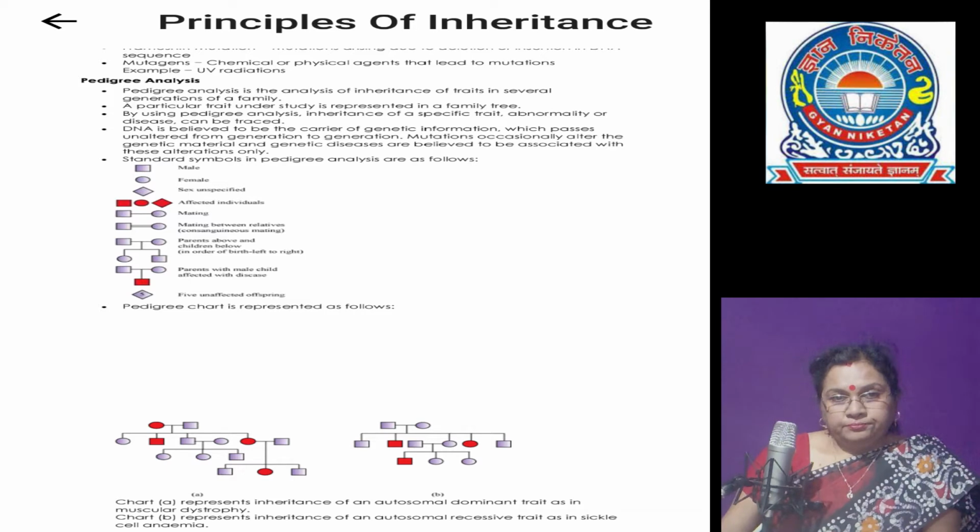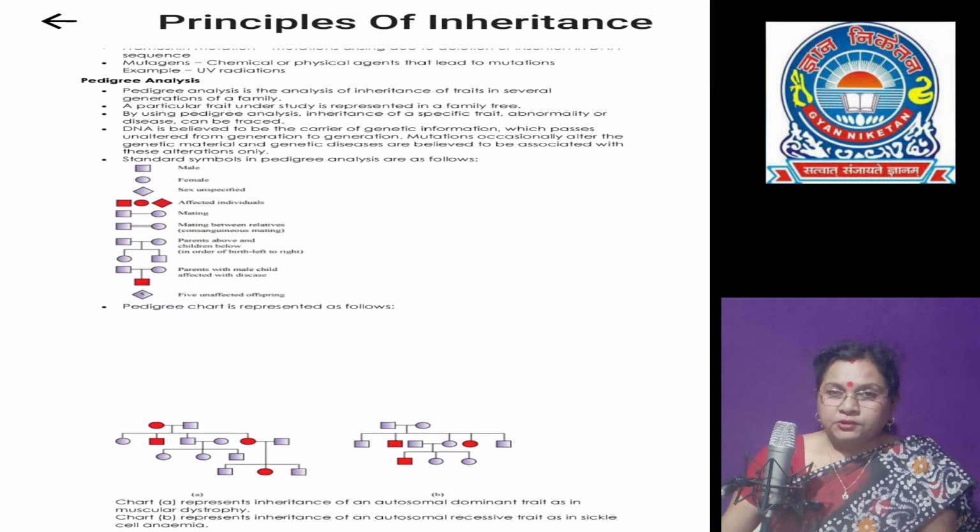And how is the mating shown? When a square is joined by a single line with a circle, it shows mating between the individuals, the parents. But if the square and circle are joined by two lines, it shows mating between close relatives.